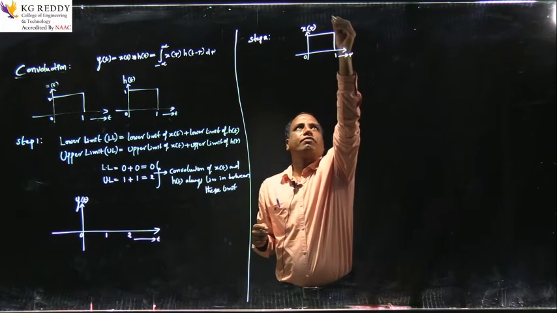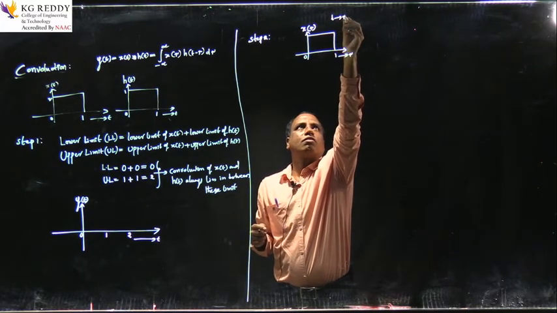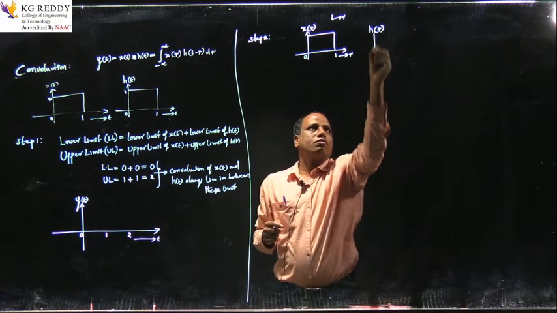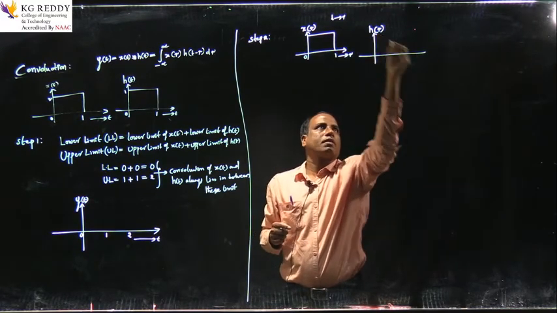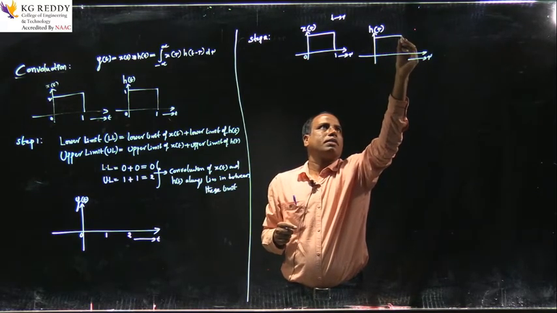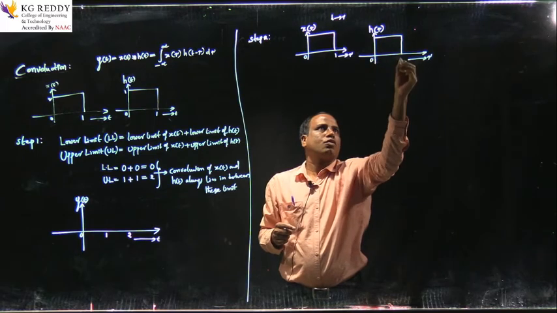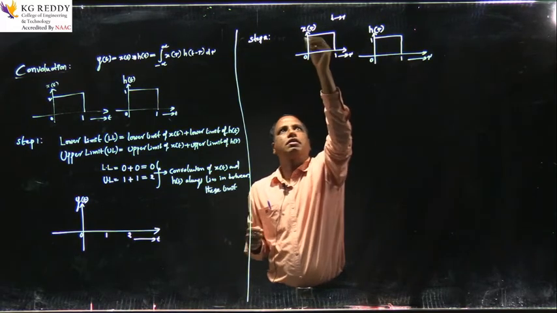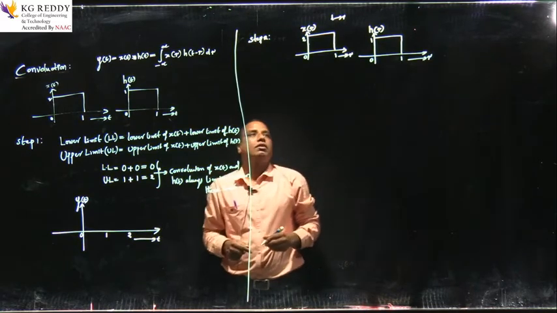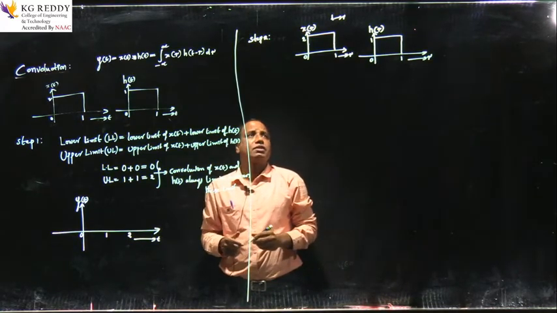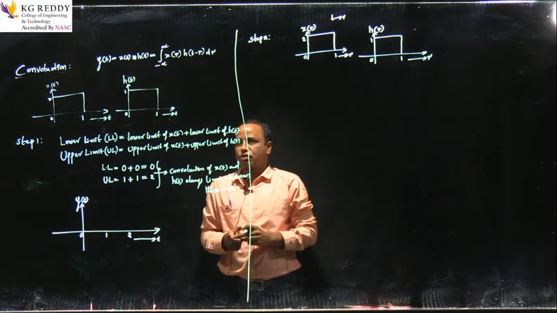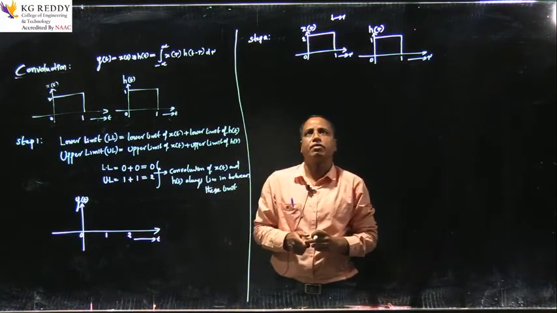After changing the variable from t to tau, h of tau becomes like this: 0, 1, and this is 1, and this is 2, the amplitudes. So after changing the variables, we got these signals in terms of tau, where tau is a dummy variable.